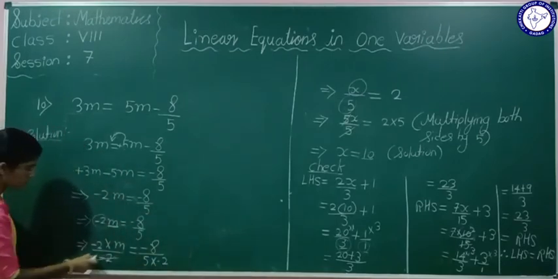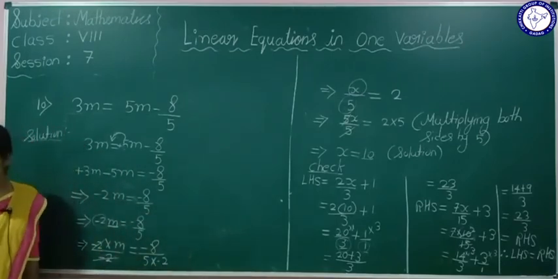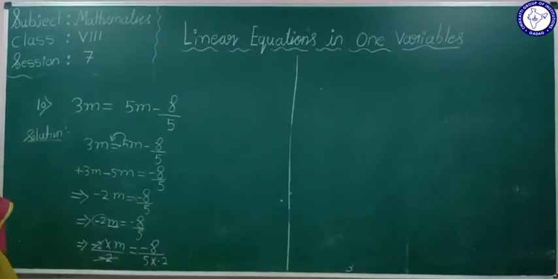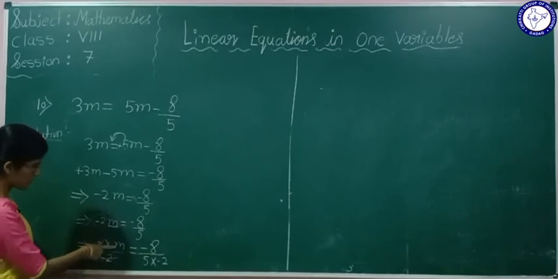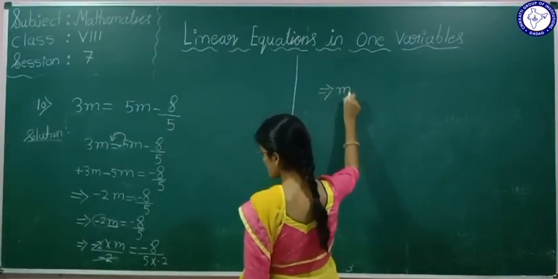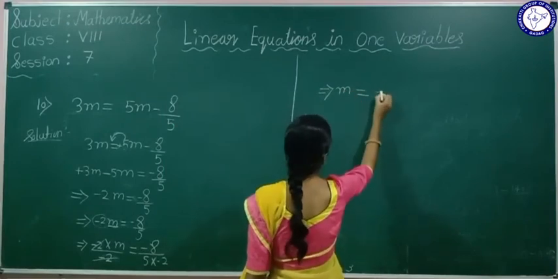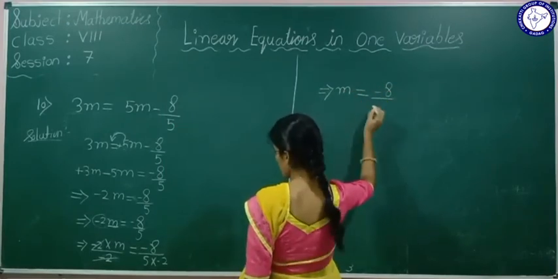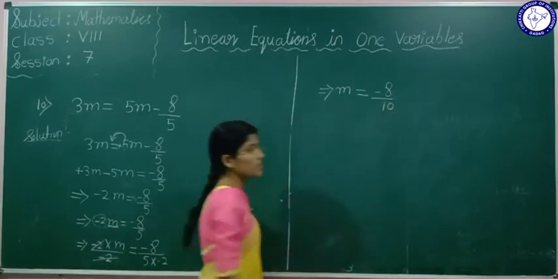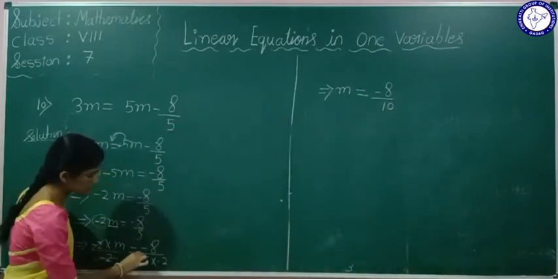Now see, minus 2 is going to get cancelled. Now this implies m is equal to minus 8 by 5 2s are 10. Okay. So plus into minus is what?